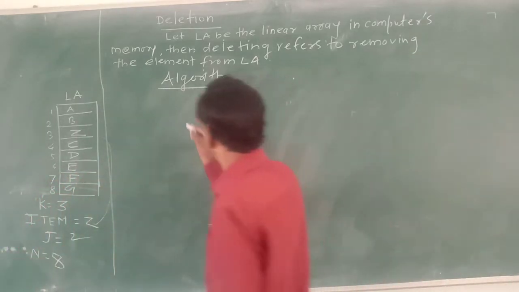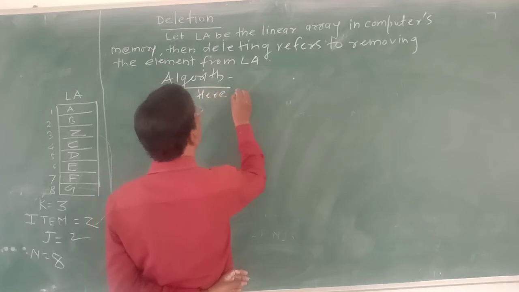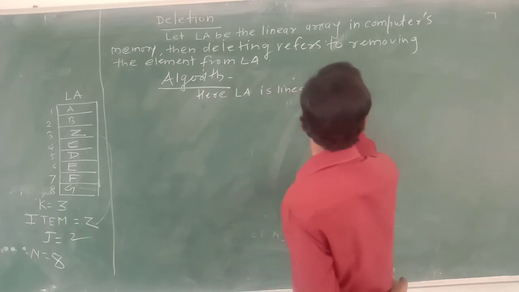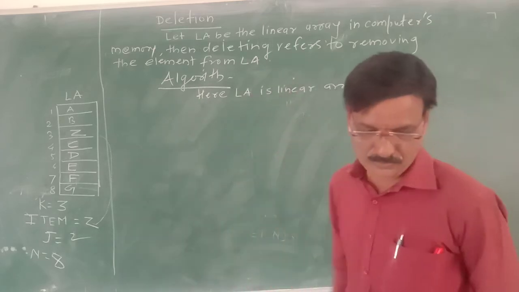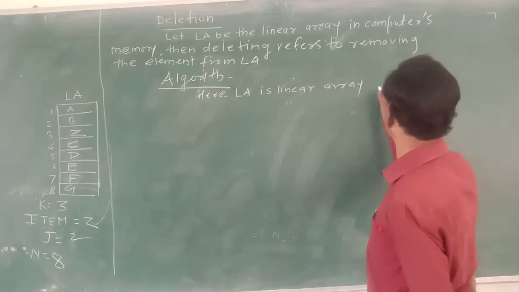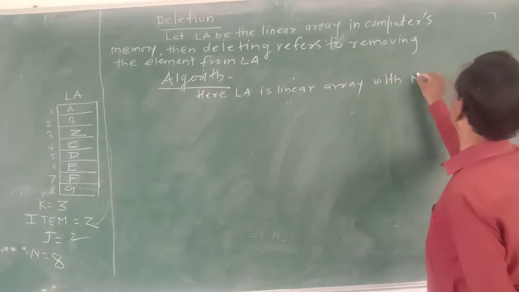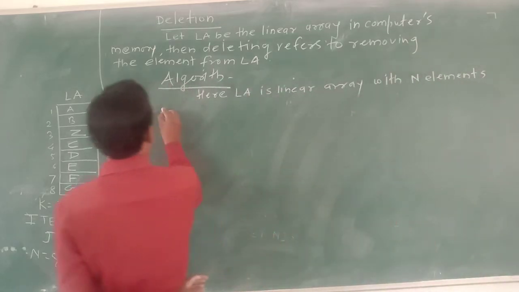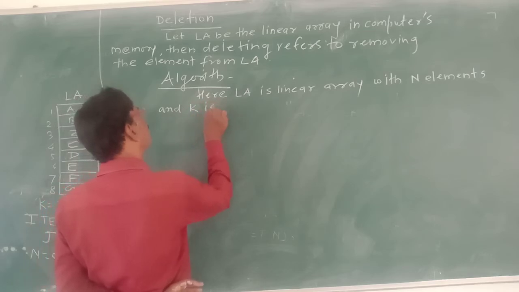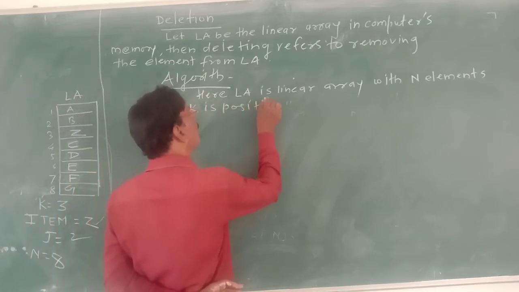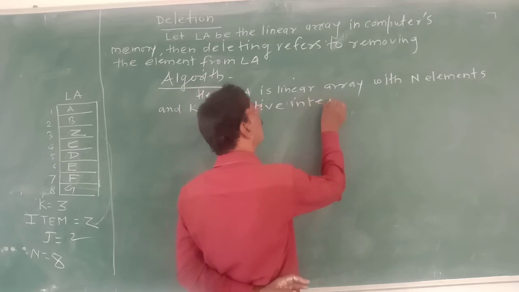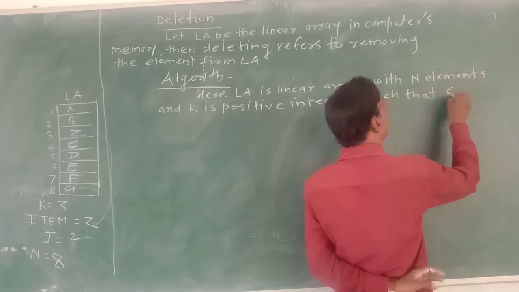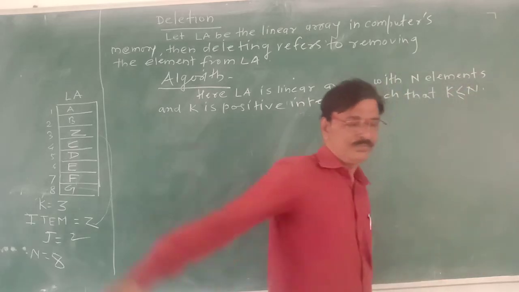Now here L is a linear array with n elements, and k is a positive integer such that k is smaller than or equal to n.